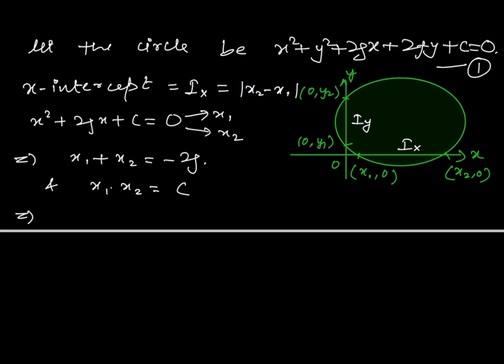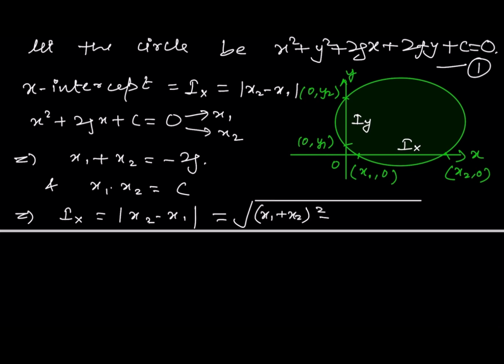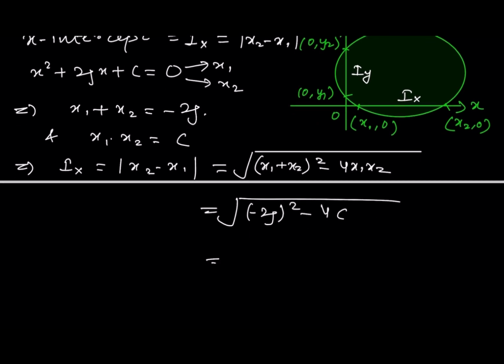So Ix is equal to mod of x2 minus x1, which can be written as root over (x1 plus x2) whole square minus 4x1x2, which is root over (minus 2g) whole square minus 4c, and which is 2 root over g square minus c.